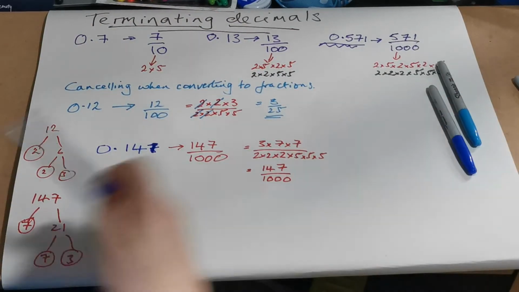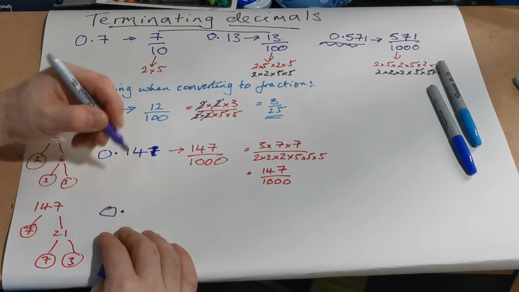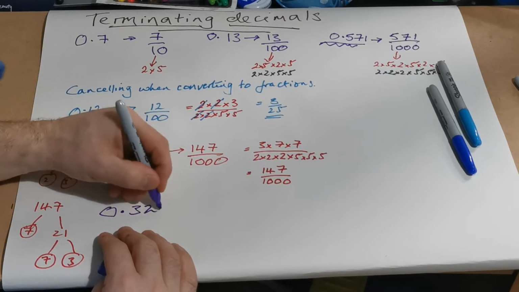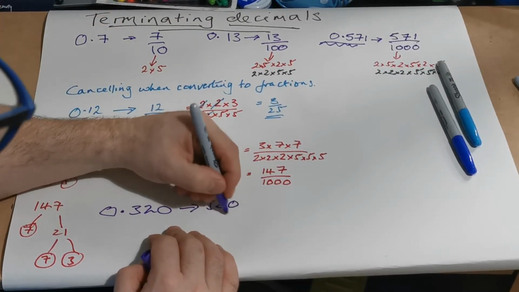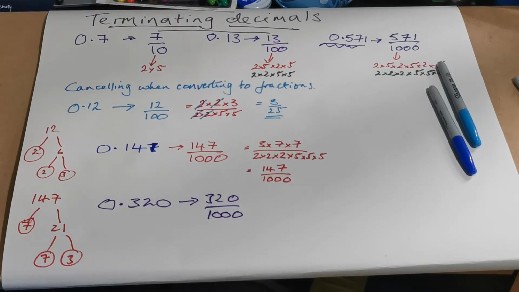One more example. 0.320 would be 320 over 1,000. So let's have a look at 320. I'll do it up here.